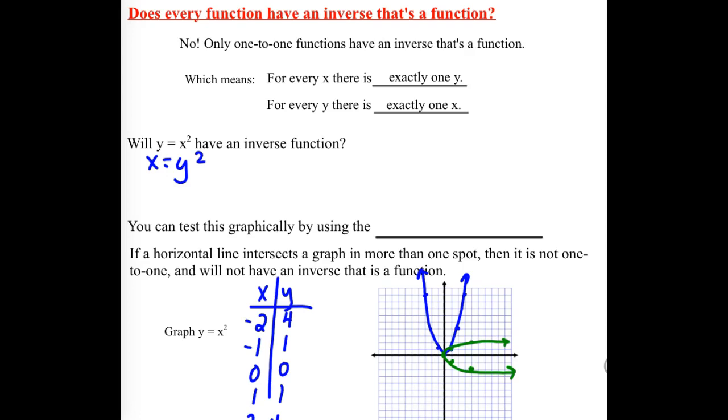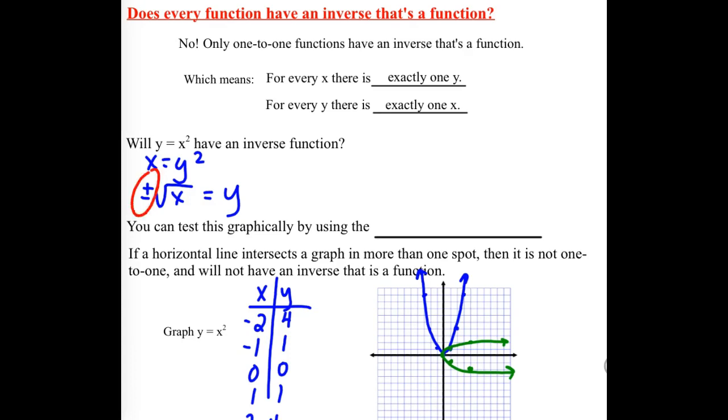We square root it. And remember, anytime you take a square root, you have to include that plus minus. Right there, that should be a big red flag. For every x that I plug in there, I'm getting a positive and a negative answer out. For it to be a function, that can't happen. Okay? So, that little plus minus is a big red flag. Your inverse isn't a function.